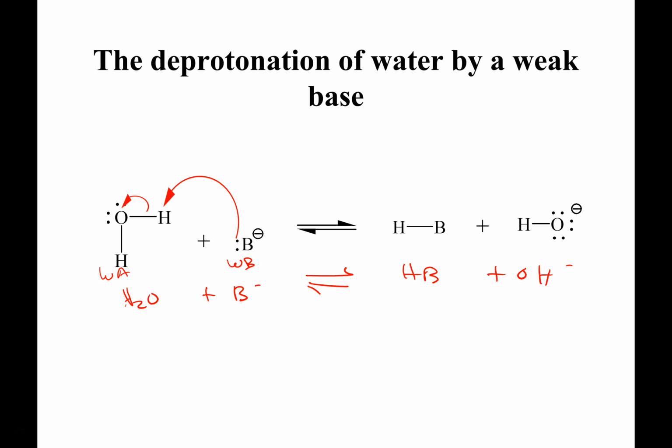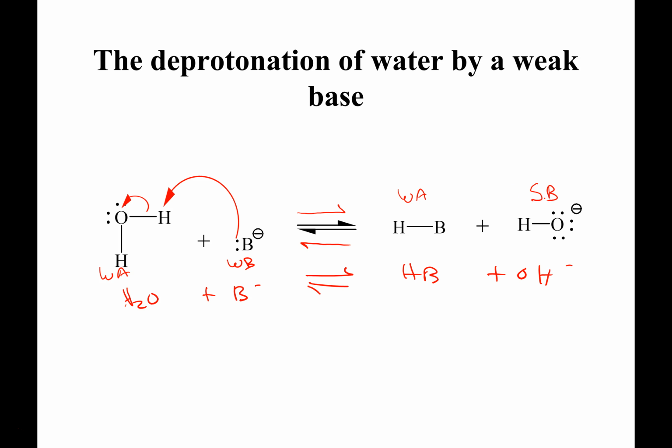And then honestly, if we were going to go, that's going this way. But what if we go this way from right back to left again? Does this make sense? That your HB is actually going to be your weak acid, proton donor. And your OH minus, that's going to be an SB.